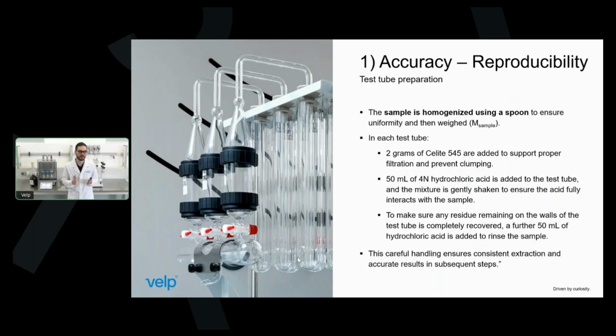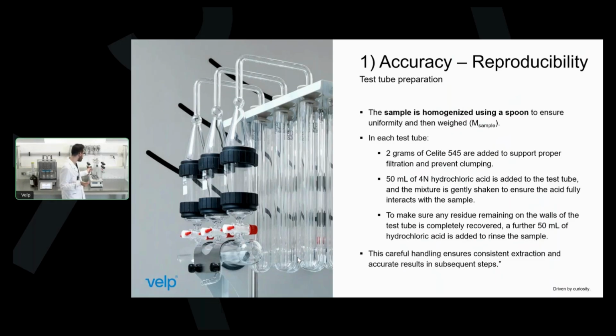We can homogenize the sample just using a spoon to ensure uniformity, but we may also need further techniques such as ball milling or a cutter to help the operator get a representative aliquot. Then in each test tube, it's possible to add 2 grams of celite to support the proper filtration and prevent clumping of the system.